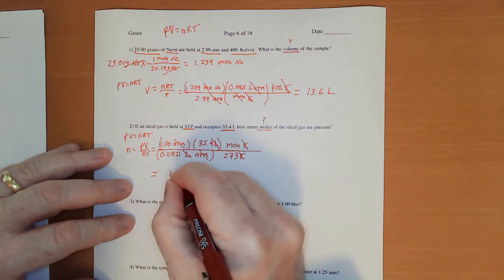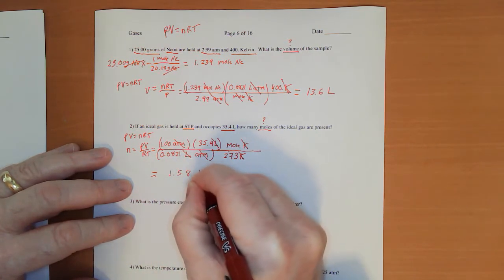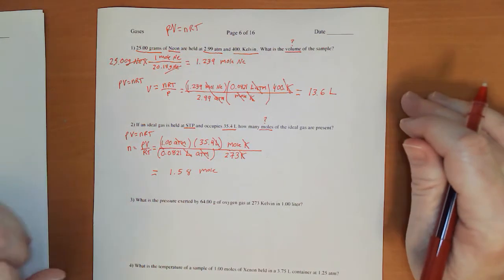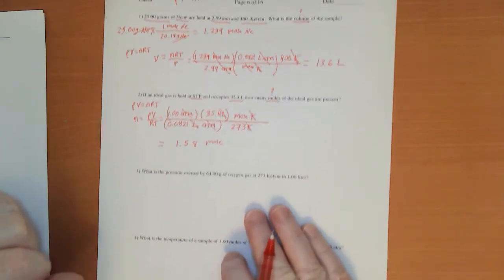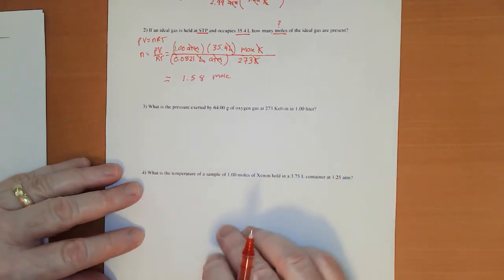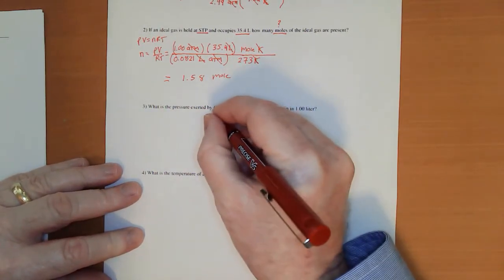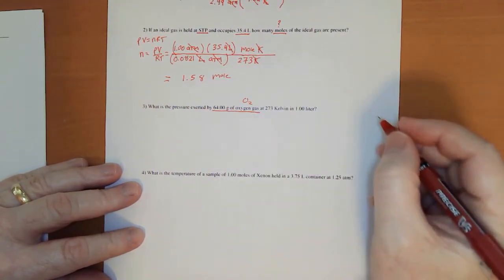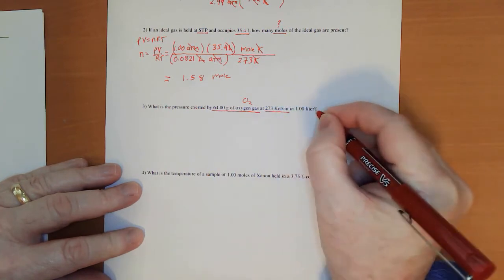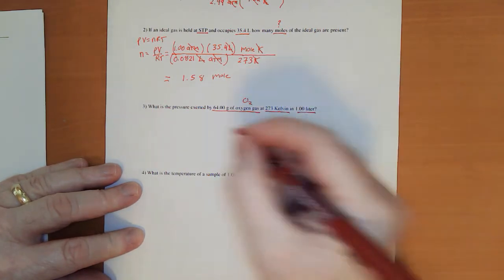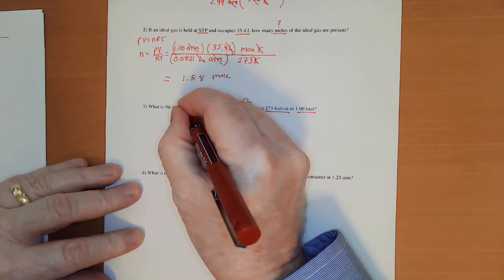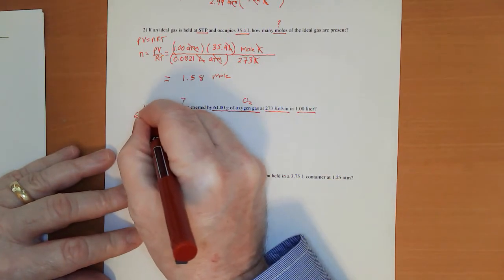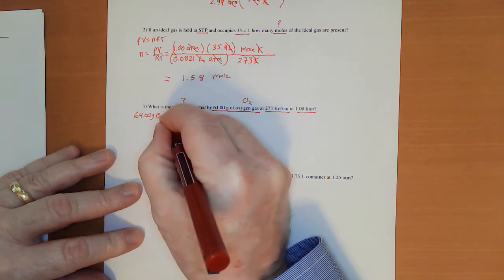Now, I see atmospheres, liters, and Kelvin canceling out. On my calculator, 1.58 moles if you're paying attention to sig figs. Number 3. I've got 64.00 grams of oxygen gas. Remember that's O2, it's diatomic. 273 Kelvin, 1.00 liters. And I'm looking for the pressure. So 64.00 grams O2.